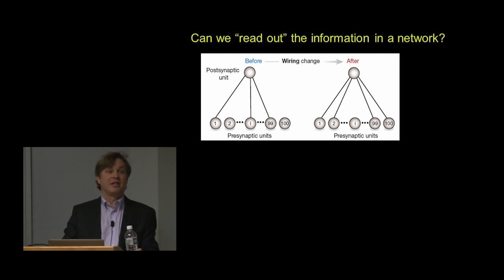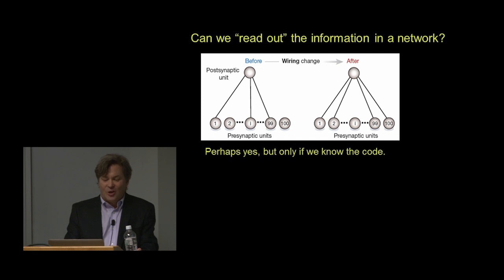That's 2.5 gigabytes of potential storage in visual cortex. But the question is, can we read it out? So again, we have this thing, but only if we know the code. We have this device that could store 2.5 to 3 gigabytes of synaptic memory.